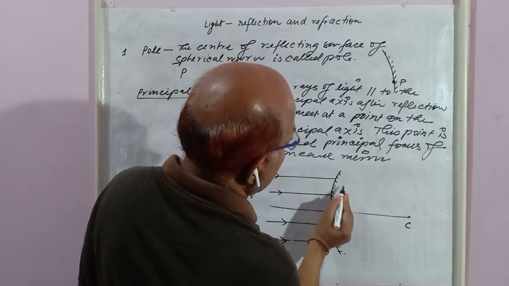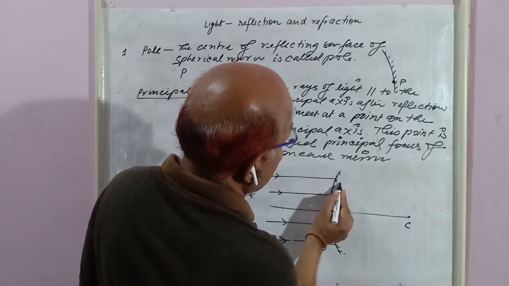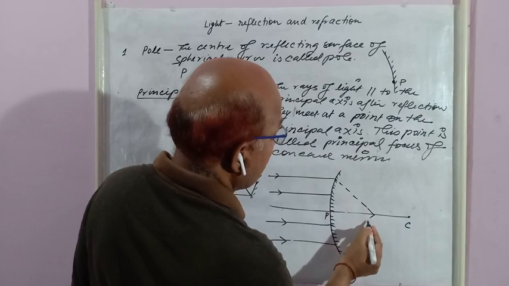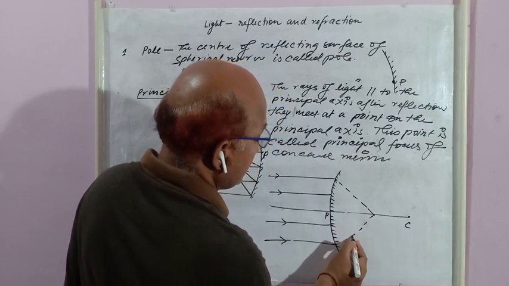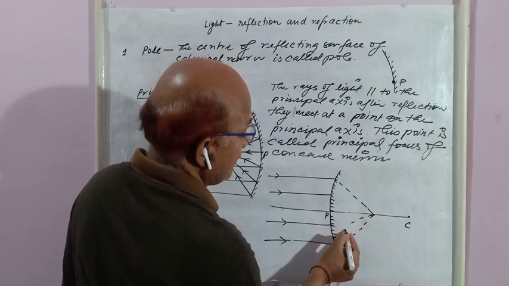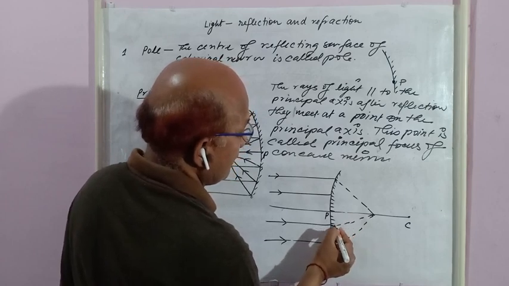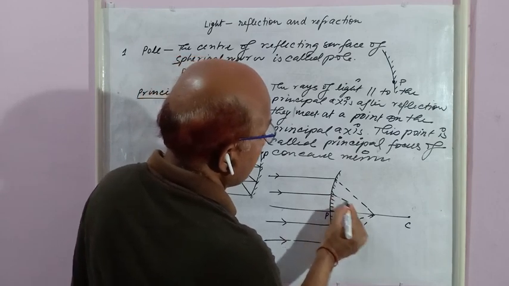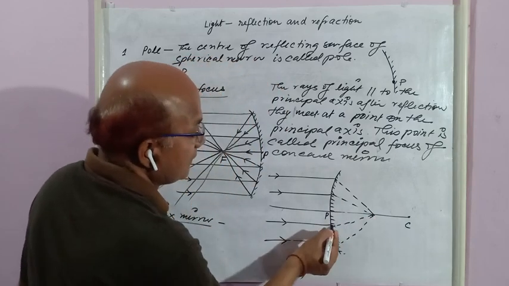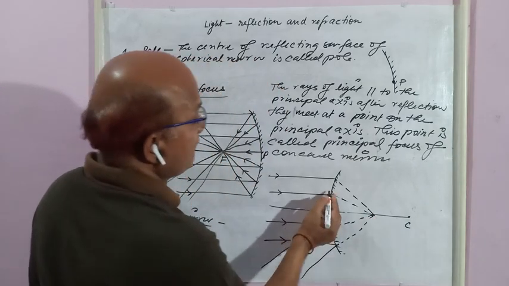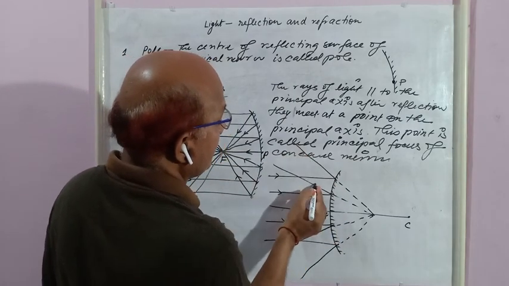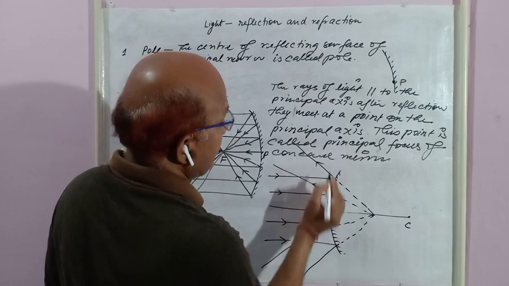After reflection, they appear to come from a point on the principal axis. These are the reflected rays.